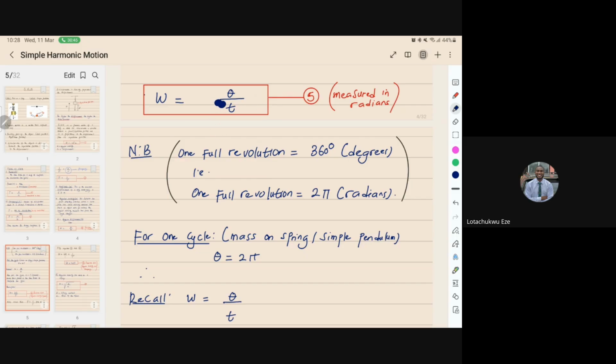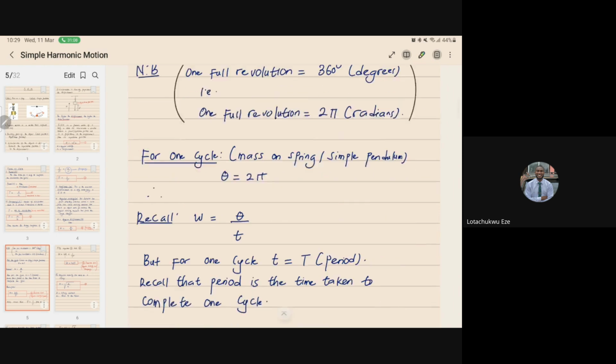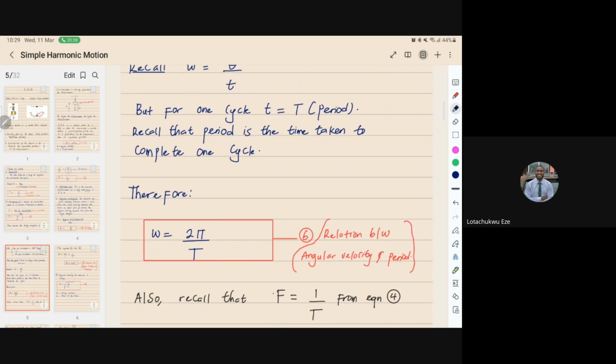But when it comes to oscillatory motion, or simple harmonic motion, theta changes to 2 pi, because that's the time taken to complete one revolution. Does it make sense now? So the formula is going to change. If I'm talking about circular motion, then I'm going to make use of this. But when I start talking about oscillatory motion, which simple harmonic motion happens to be, then the angular velocity is going to change to 2 pi all over T, where T is the period.